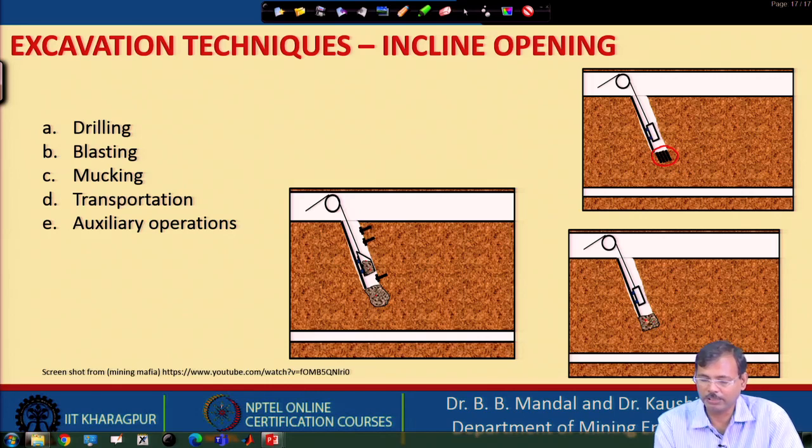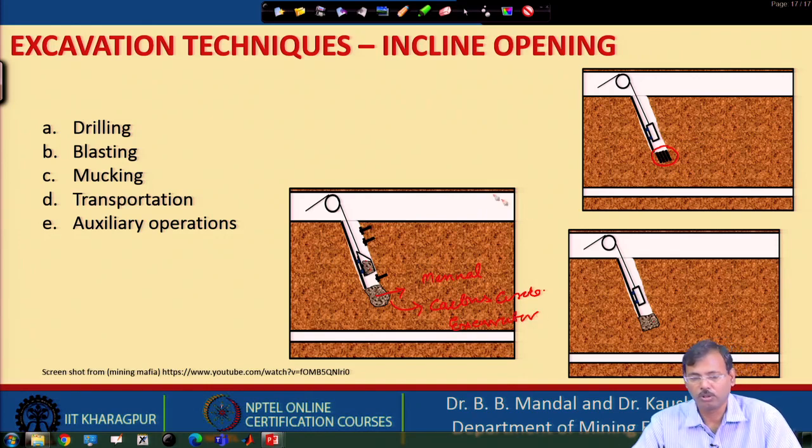Again, it is either manually loaded, as we have seen in that video, or a mechanized system like cactus grab, etc. And in some cases, if a large opening is there, small excavators are also used. So, these are the different techniques of excavation in the unit operations in the incline opening.